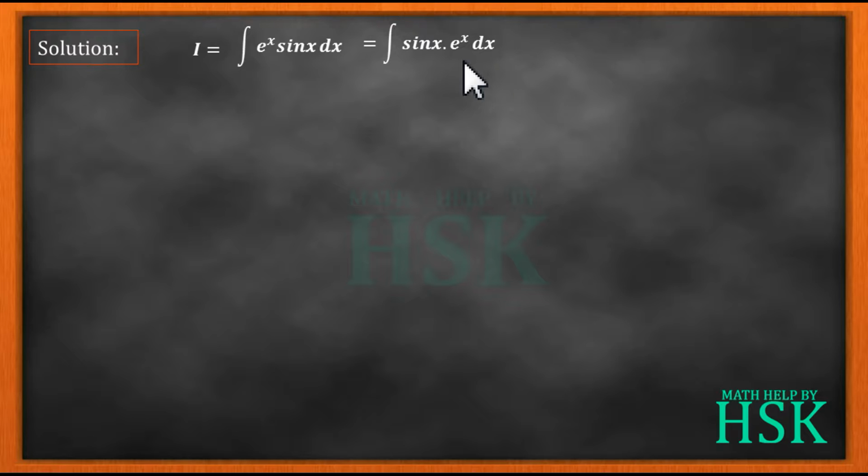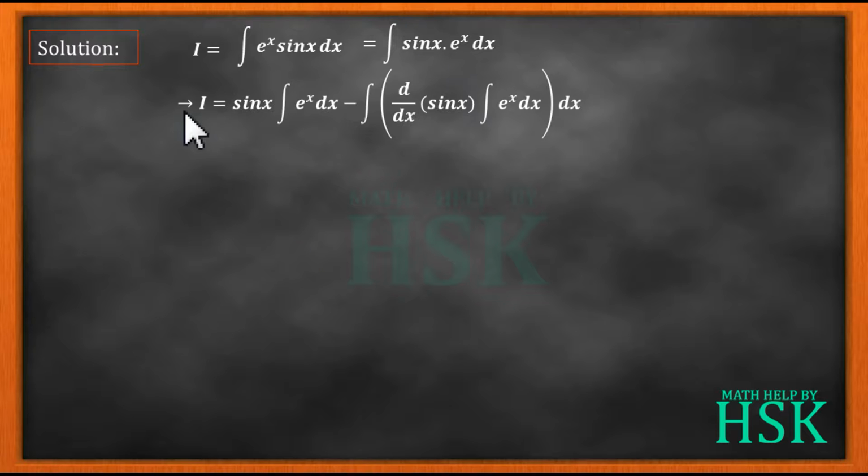Now I can apply the formula of integration by parts by taking sin x as first function and e to the power of x as second function. On applying the formula, I get I as equal to first function into integration of second function, that is sin x into integration of e to the power of x, minus the integration of the product of differentiation of first function and integration of second function.